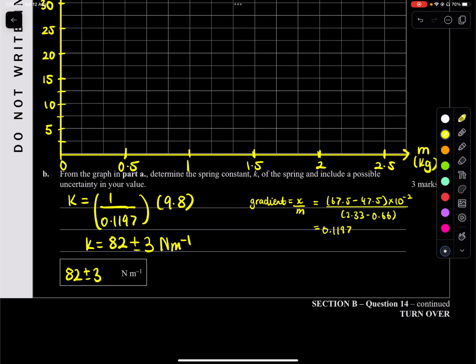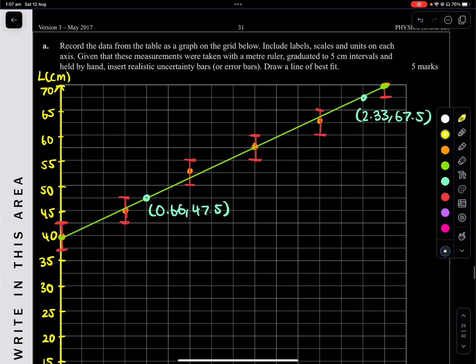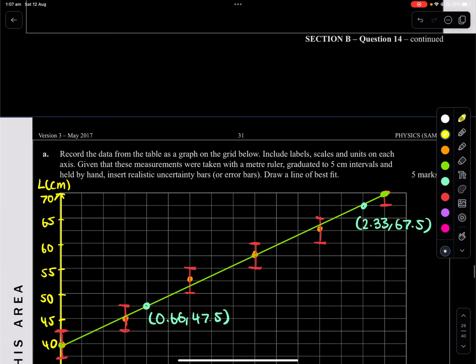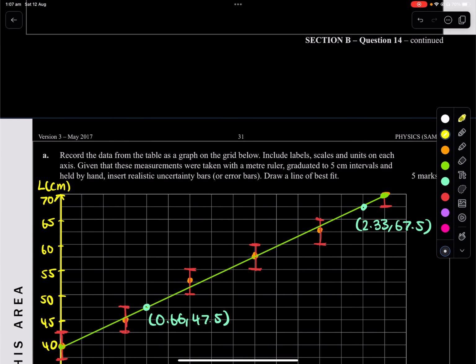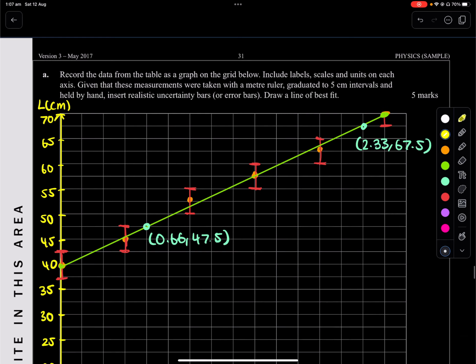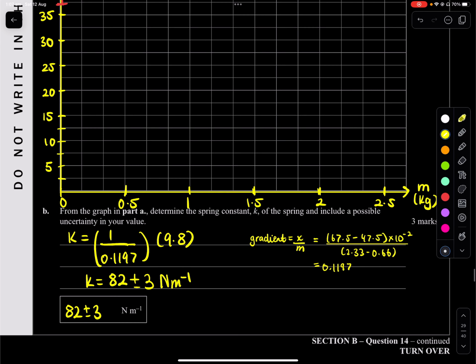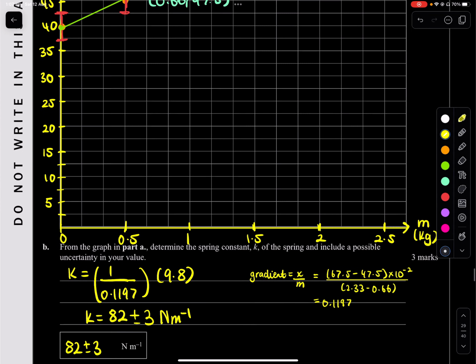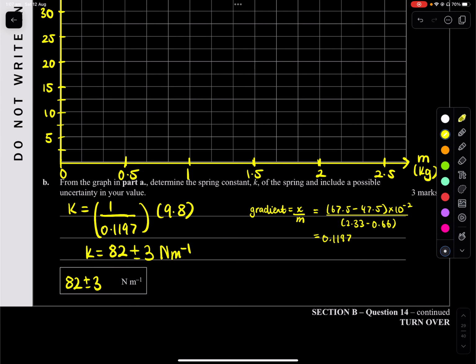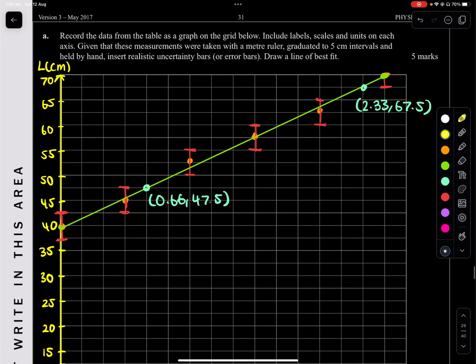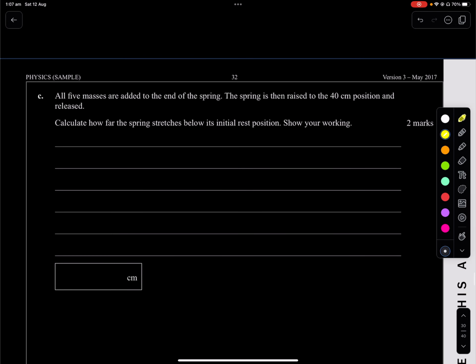I'm sure the 82 makes sense, but the uncertainty is confusing me. It's 5 centimeters and we halve that, so that'll be 2.5 centimeters, and that means close to 3 centimeters, then it wouldn't be affected. Yeah, I'm not too sure about this one. I'll have a look at the answer. Oh, there are no answers to this, these are just suggested solutions. So we'll move on to the next question.